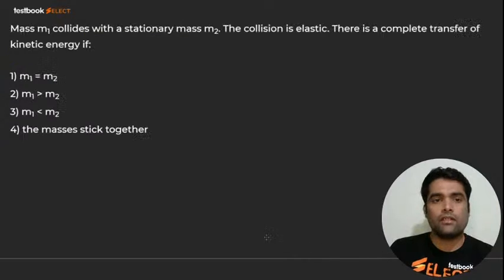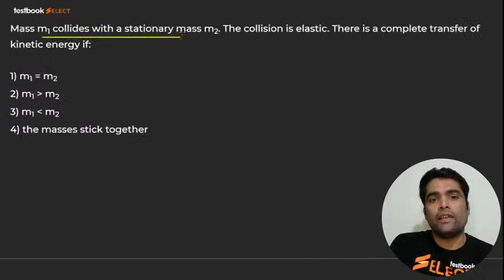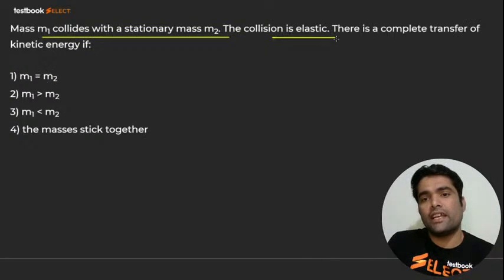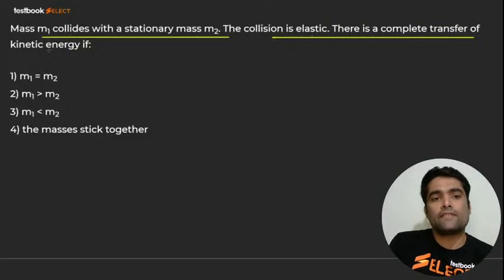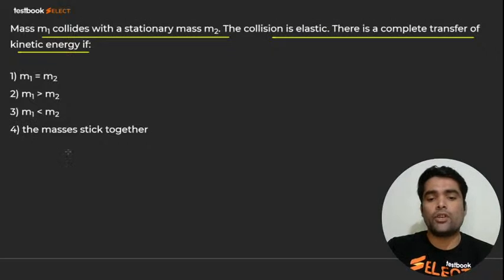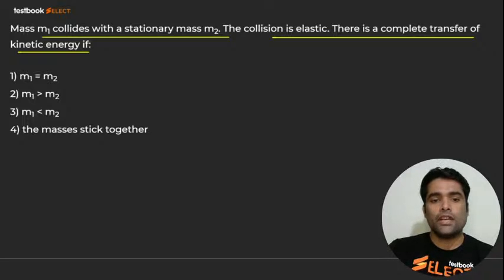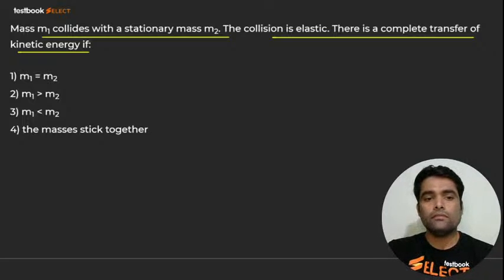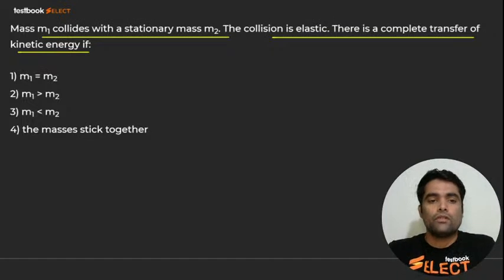Next: mass M1 collides with stationary mass M2. The collision is elastic. There is a complete transfer of kinetic energy. When does this happen? Guys, please tell me.